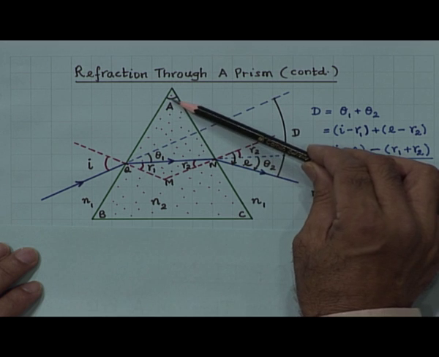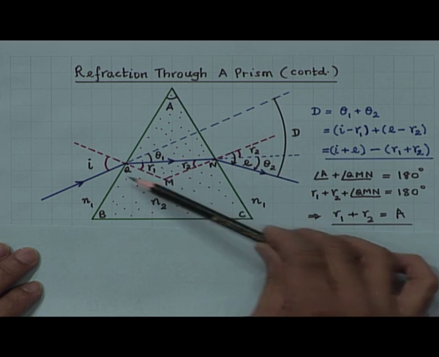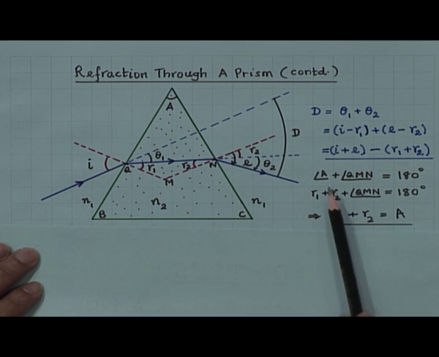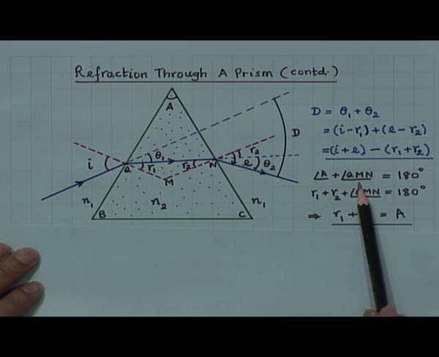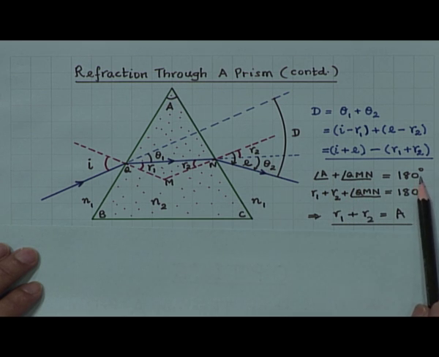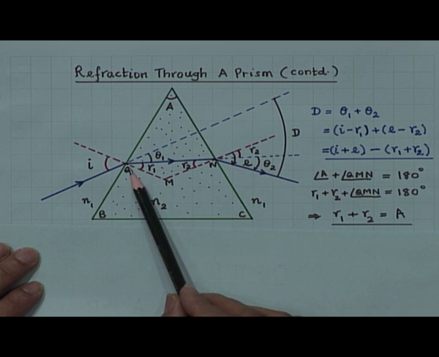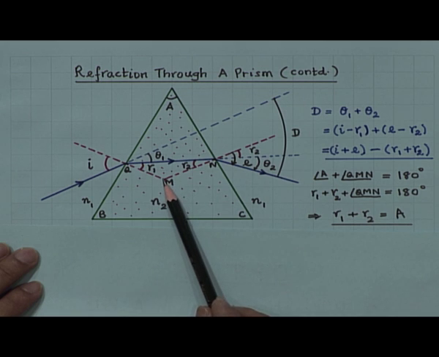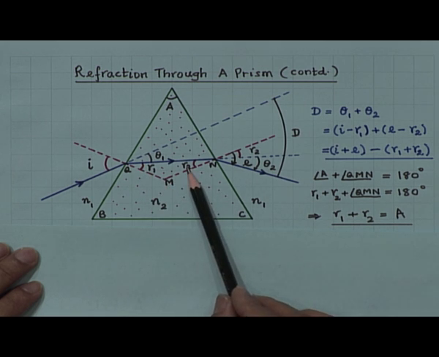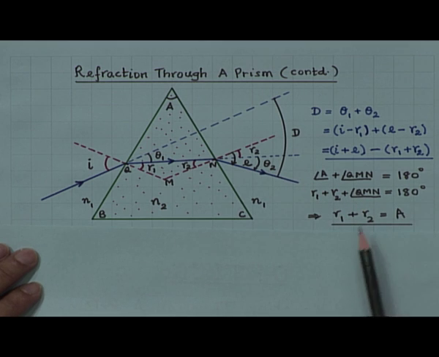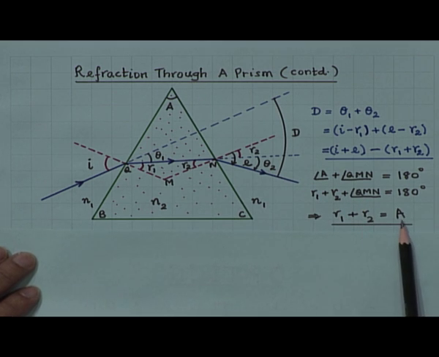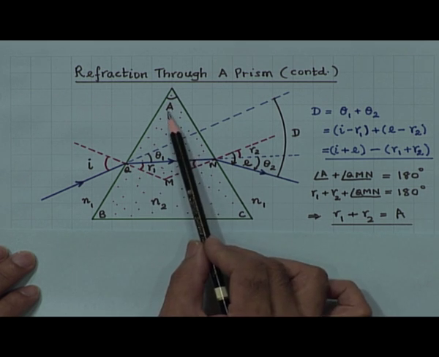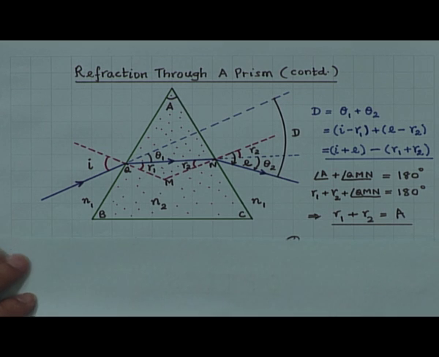That means, angle A plus angle QMN must be 180 degree. But in the triangle QMN, angle M plus R 1 plus R 2 is also 180, and therefore, R 1 plus R 2 is equal to A, the angle of the prism.